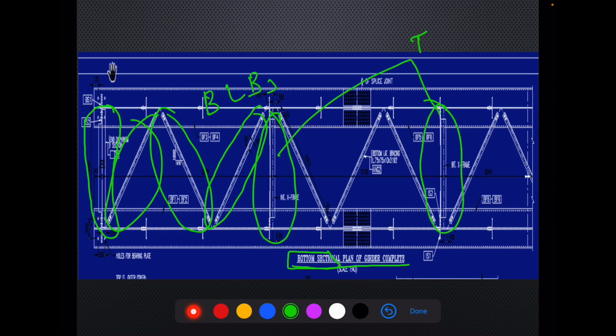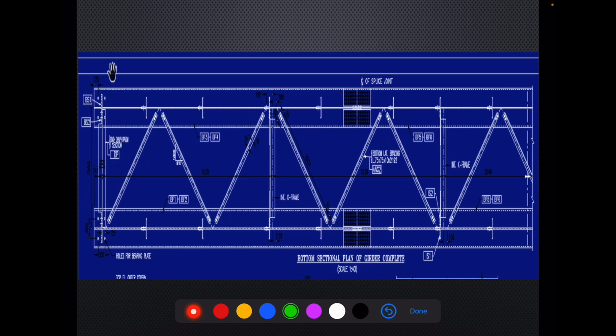These are intermediate cross frames. So this is about the bottom plan of the girder. These are the two I sections. So plate girders are comparatively simpler arrangements. Splicing has also been shown in the figure. This is the splicing.